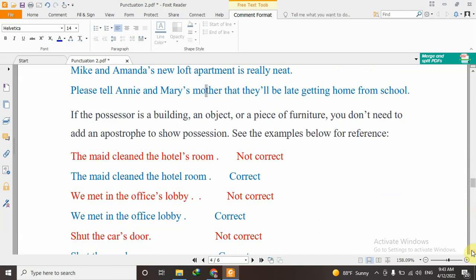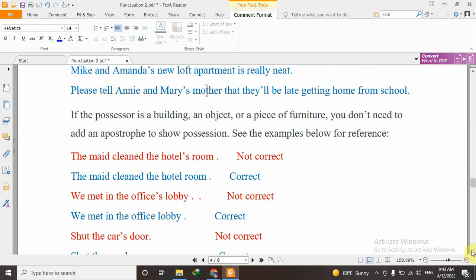Now, if the possessor is a building, an object, or a piece of furniture, you don't need to add an apostrophe to show possession. For example, the maid cleaned the hotel's room.